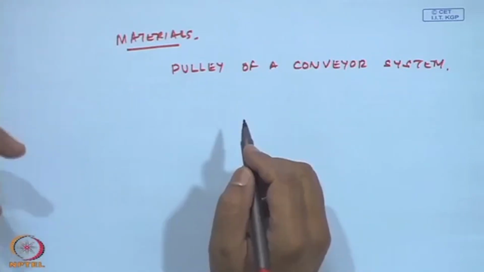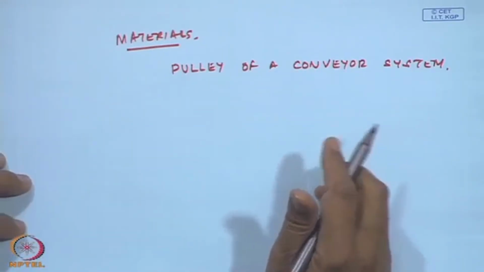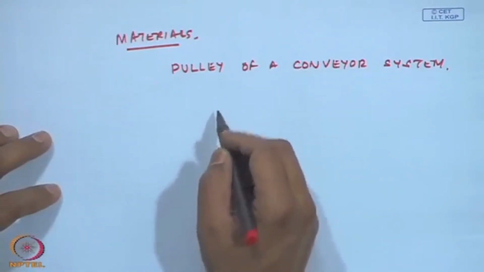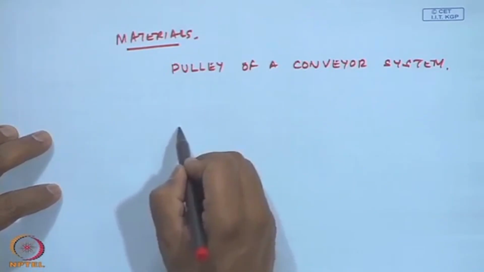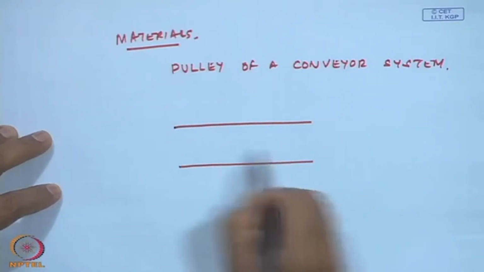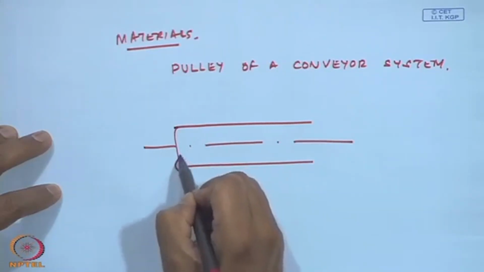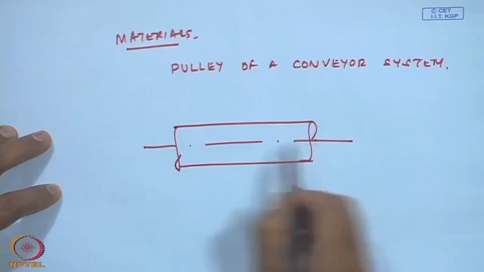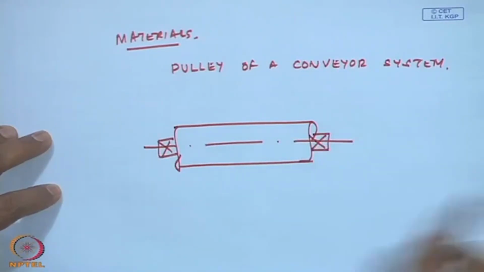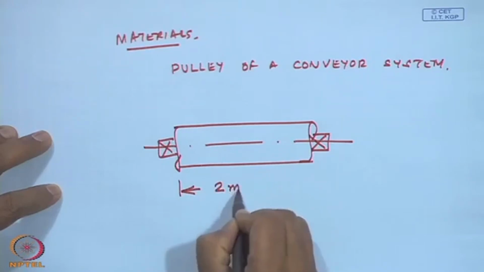It is not the conventional pulley which we use for power transmission in our maybe small motors or pumps, but I am talking about conveyors, and these are actually supported on bearings, and this length could be about 2 meters.